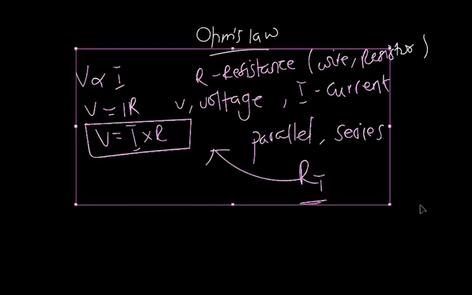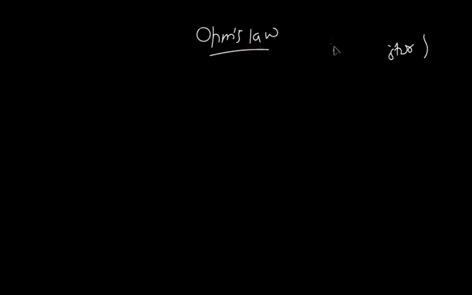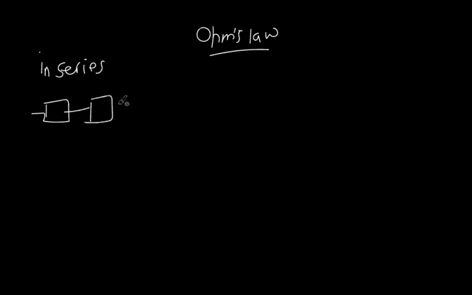So let me get some space over here quickly. All right, so let's look at resistors in series. Let's say this is our first resistor, our second resistor, and then our third resistor: R1, R2, R3.